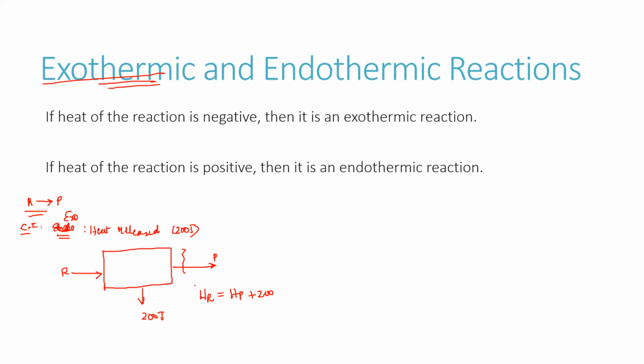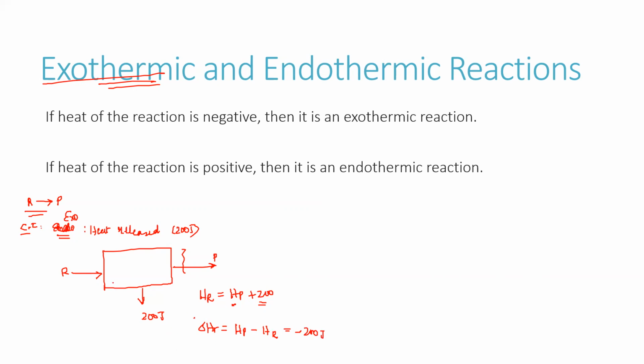So in that case, by the energy balance, heat input, which is HR, is equal to heat going out of the reactor, which is HP, enthalpy of products, plus 200 joules. So in that case, heat of the reaction, delta HR, is HP minus HR, which from this equation we get as minus 200. HP minus HR is equal to minus 200 joules.